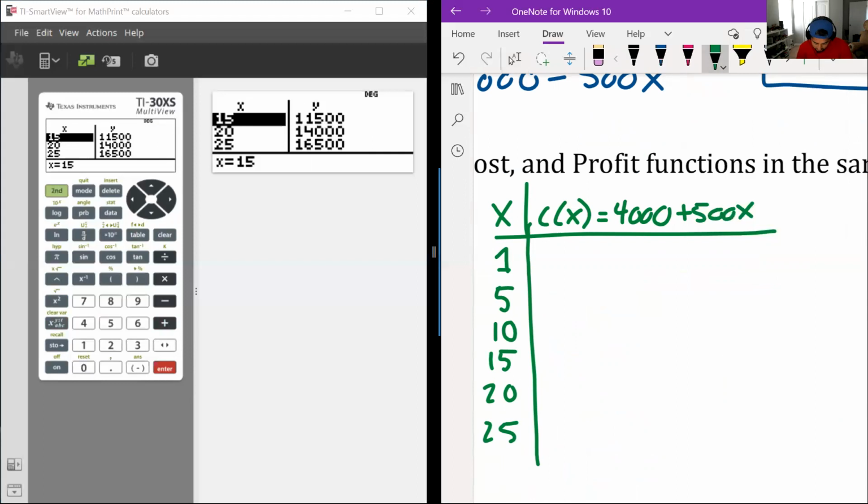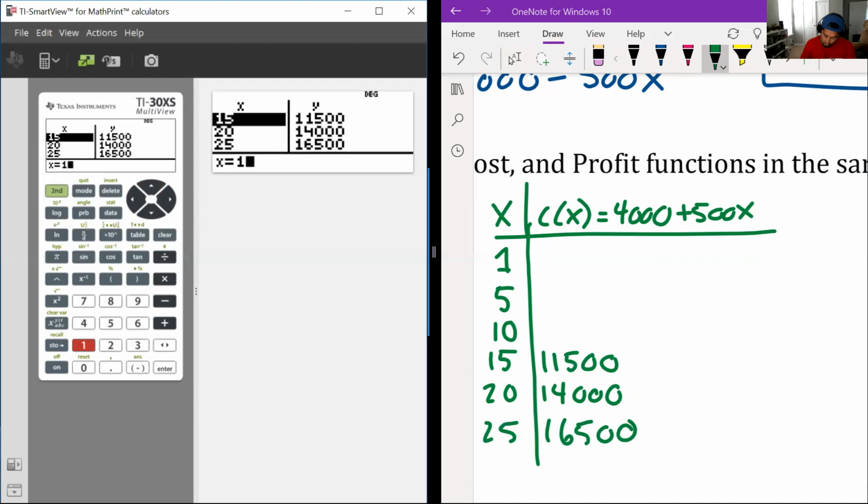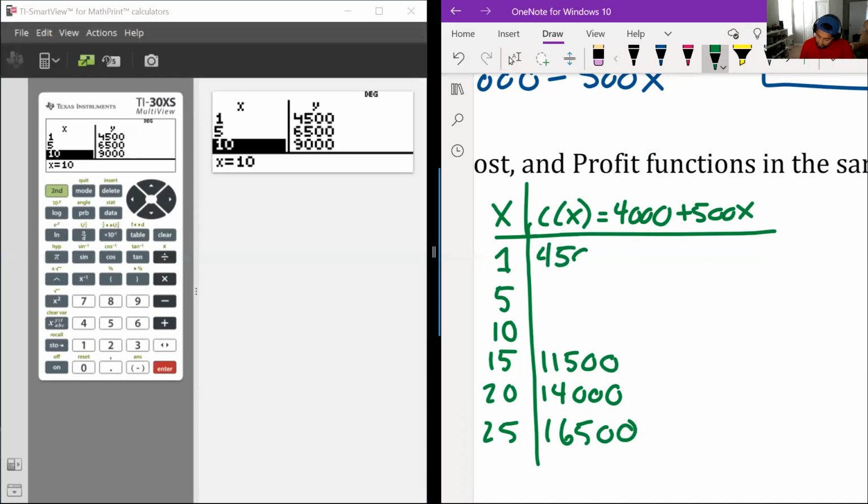Look at that. 15, 11,500. 20 is 14,000. 25 is 16,500. And then 1, 5, 10. 4,500, 6,500, and 9,000.